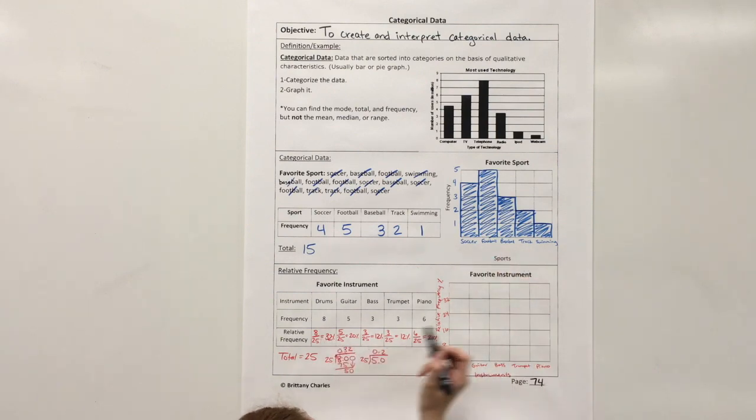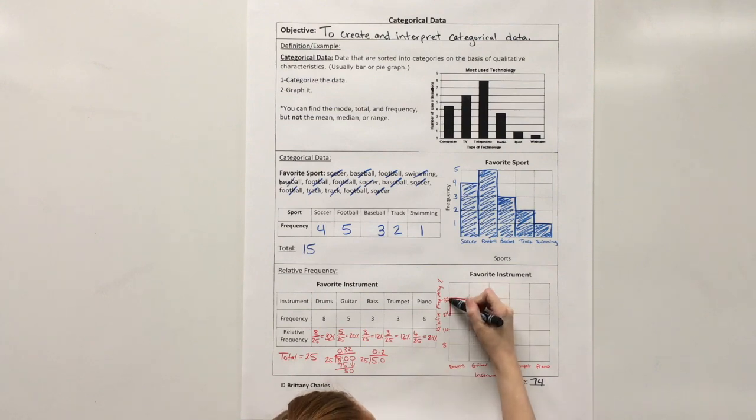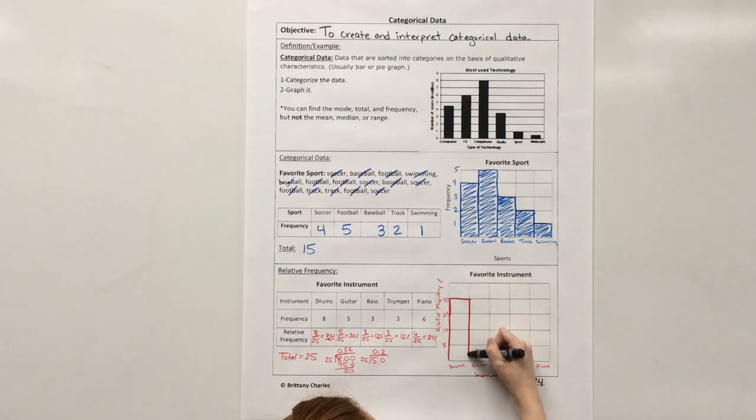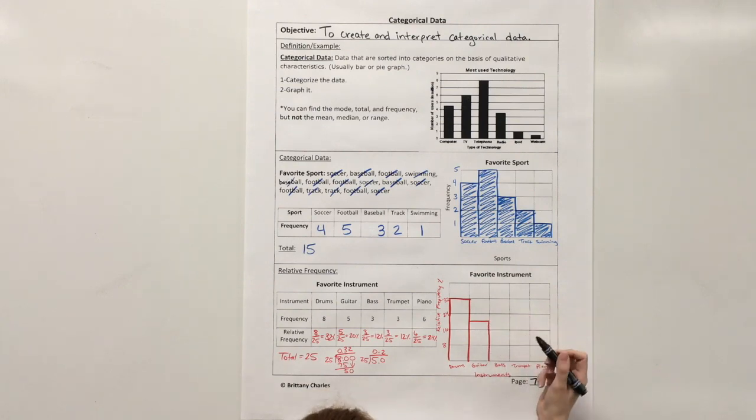Okay, so drums goes to 32%. Guitar goes to 20, which would be halfway. The bass is 12. The trumpet is also 12. And then piano is 24.